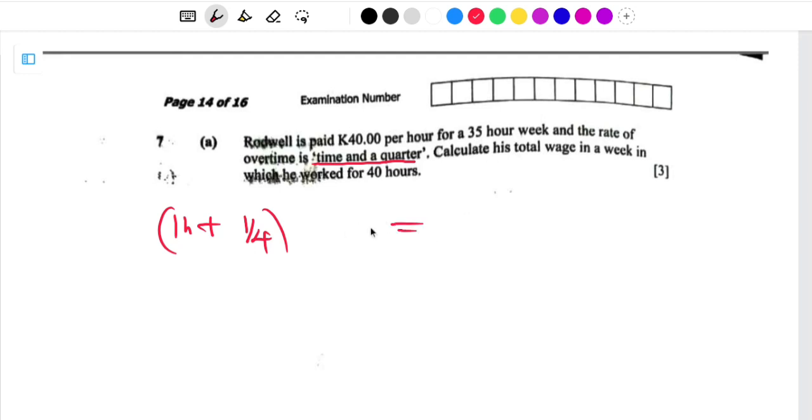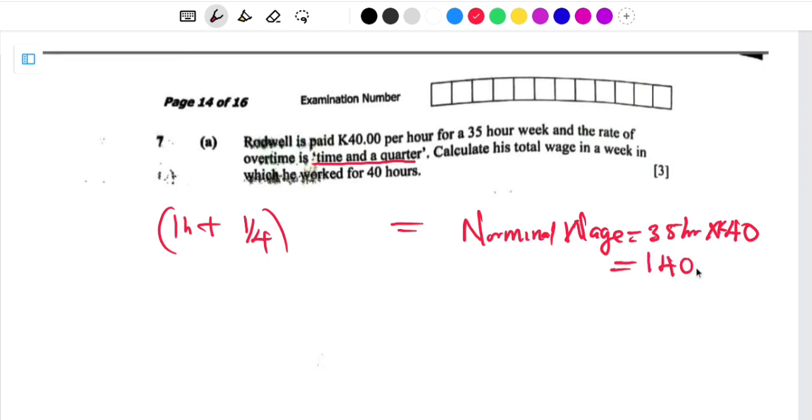So this is going to be the nominal wage, which is going to be equal to 35 hours multiplied by the amount of money that he was receiving per hour. Then when I multiply this one here, I'm going to get 1,400 kwacha. That is the amount he was receiving for 35 hours.